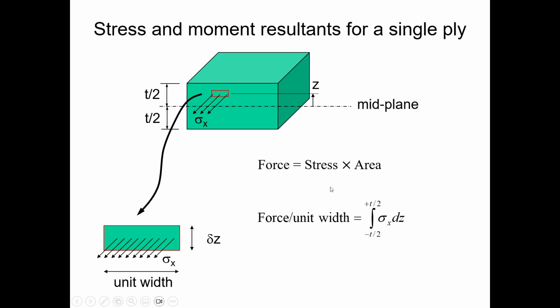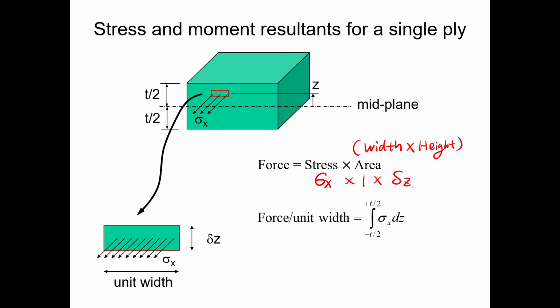And in such case, because we are just choosing unit width, right? Then what we need to use is that area is basically the width times the height. And now we have the stress term sigma x, and we have the width equal to 1 times the height, in this case a small height delta z.